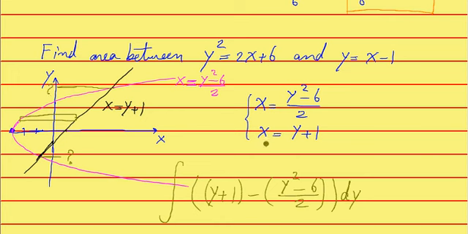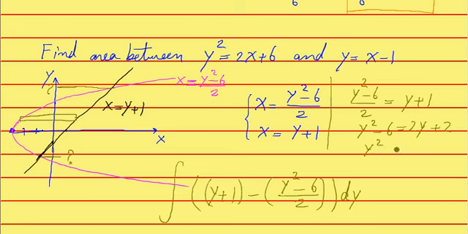Just like the previous problem, if you want these to intersect each other, then the x's have to be the same. If x's are the same, these two are the same. So that gives me an equation to solve. y squared minus 6 over 2 is equal to y plus 1. Cross multiply, y squared minus 6 is equal to 2y plus 2.